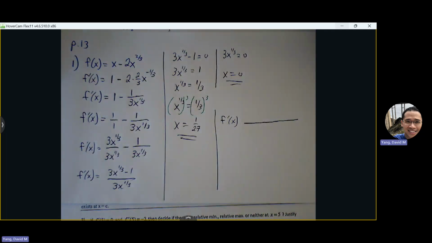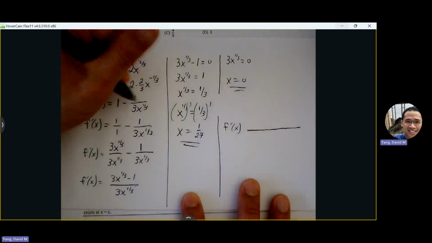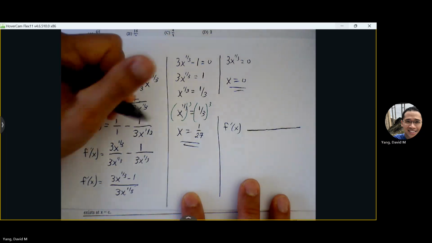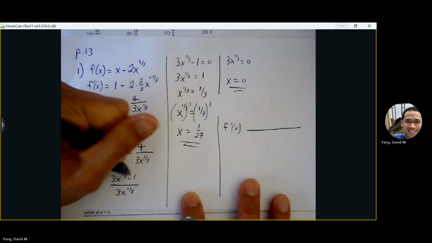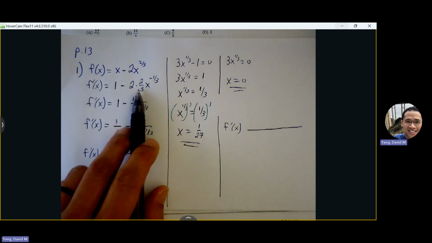Oh, sorry. I lost something here. Sorry, I lost this 2 here. I brought the 2 down, but I thought they were canceling out instead of multiplying.